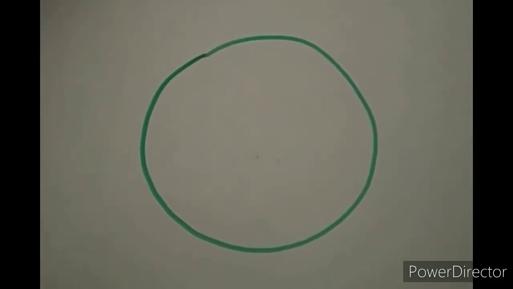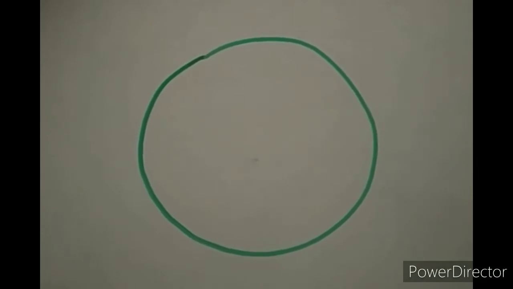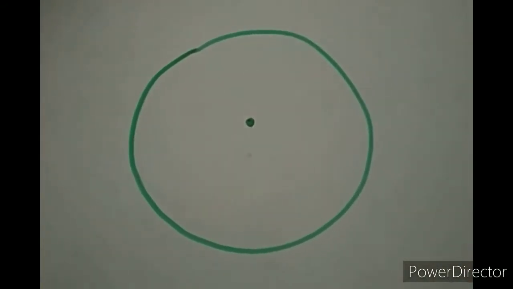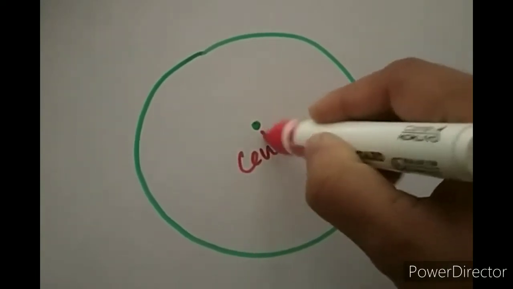Now let us learn different parts of a circle. Here, before I draw this circle, I had marked a point here, and that point of a circle is called the center of the circle.